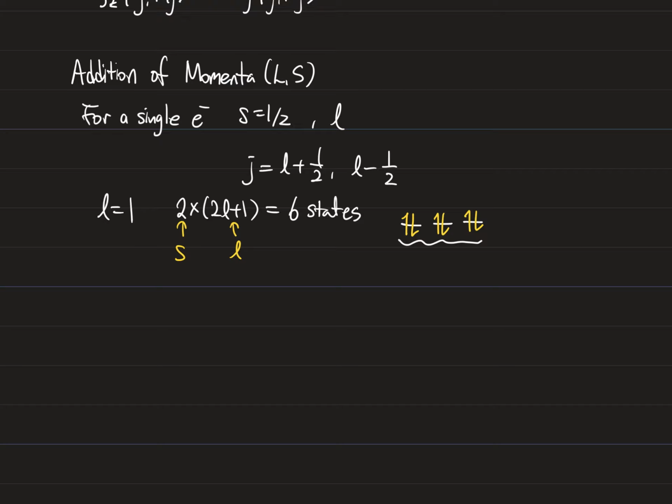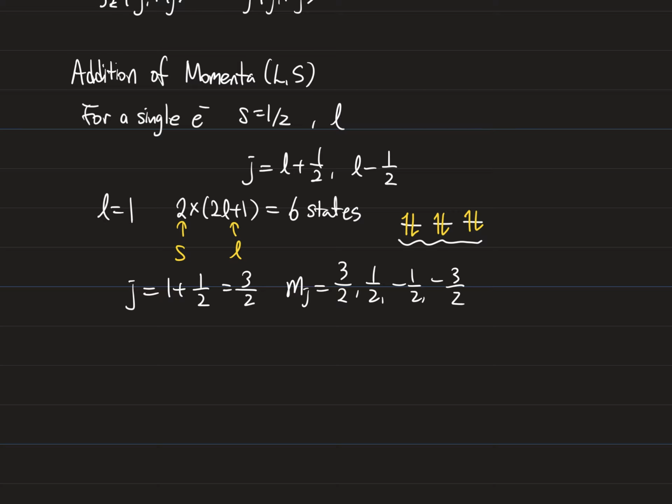Let's talk about this in terms of total angular momentum J. One possibility is J equal L plus 1/2, so 3/2. This state has four possible orientations for m_j.